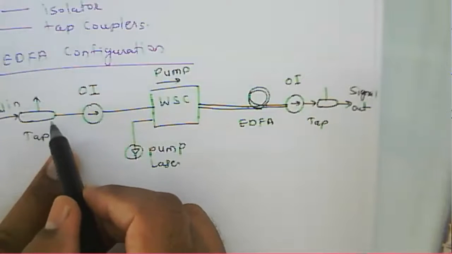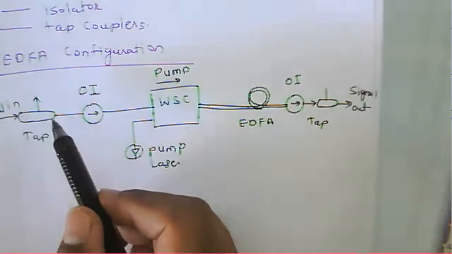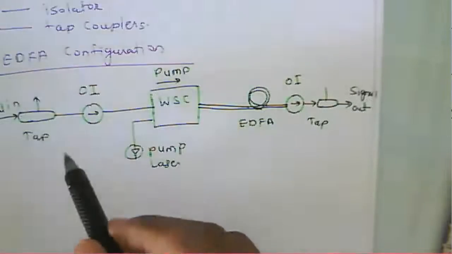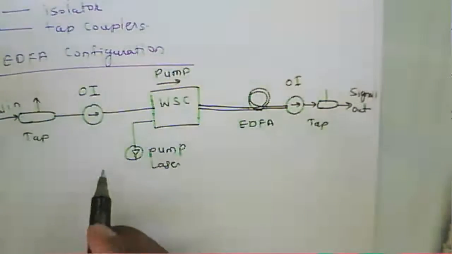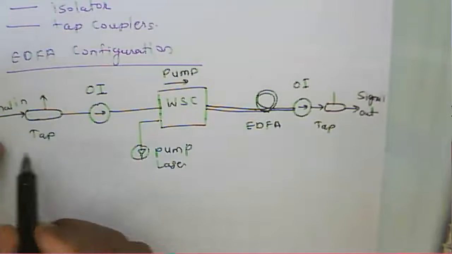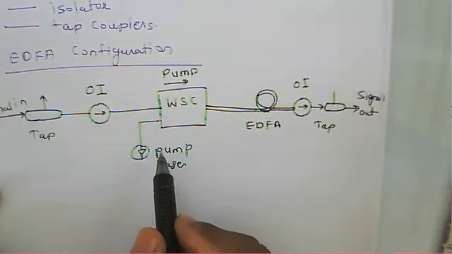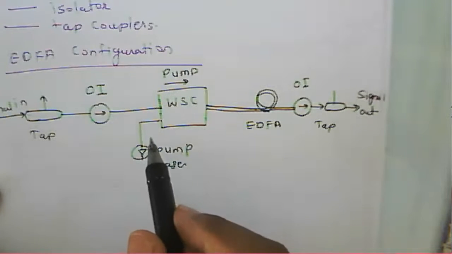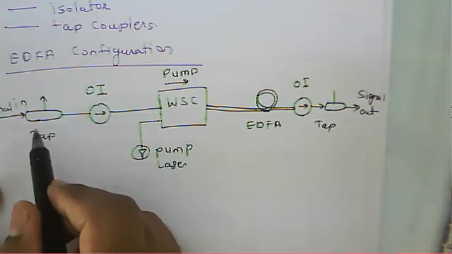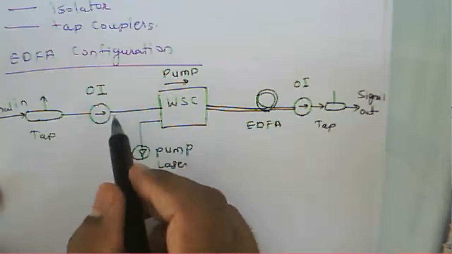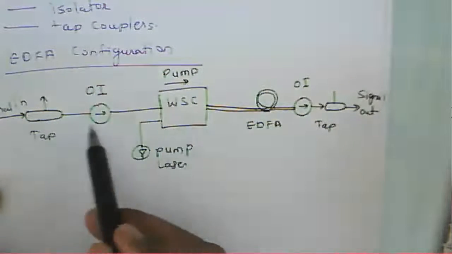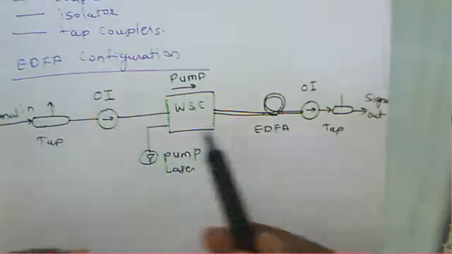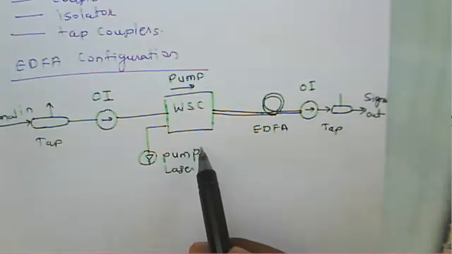So the tap coupler is used for tapping that particular wavelength or particular signal propagating through this fiber amplifier. And we can consider that the optical isolator will prevent a signal reflected from any other mechanism from reaching this EDFA amplifier.